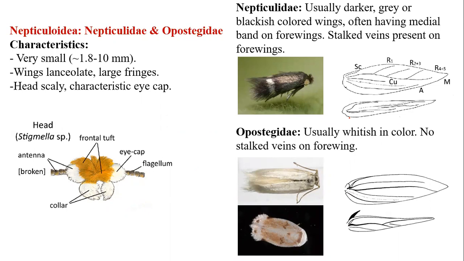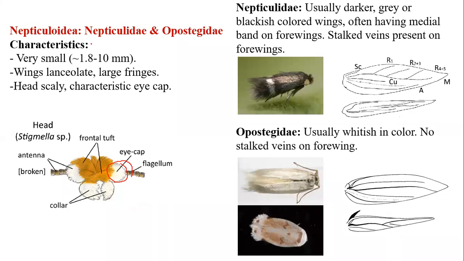And they actually have lanceolate shaped wings, you are seeing here, and they are characterized by their scaly head and characteristic eye cap, which is made by the base of their antennae. You are seeing here that they have characteristic eye caps, and they have a frontal tuft on their head.